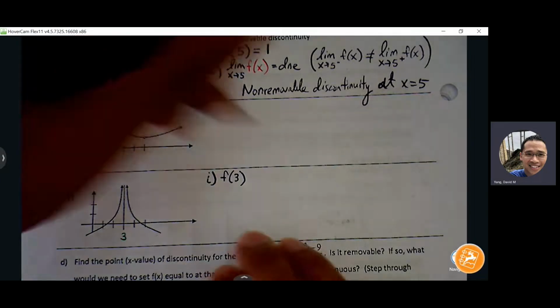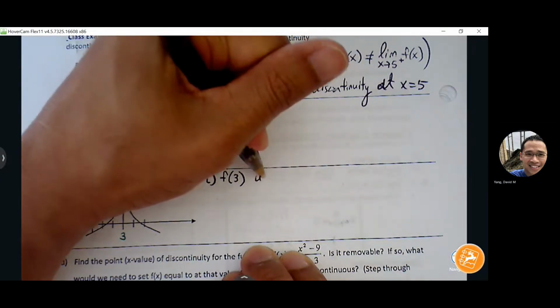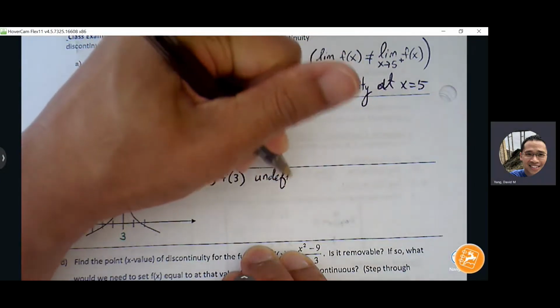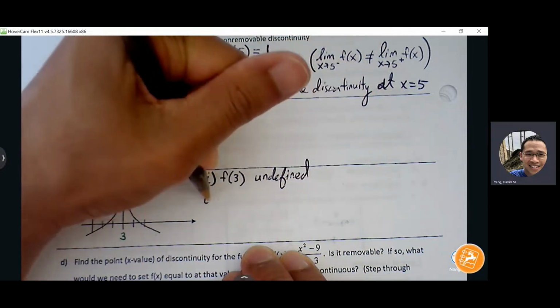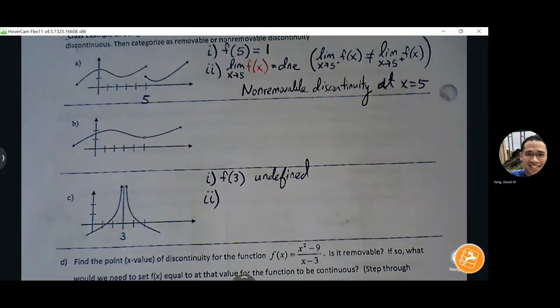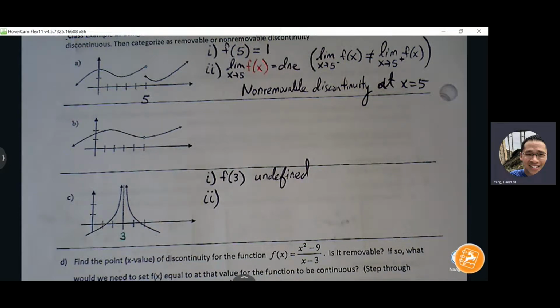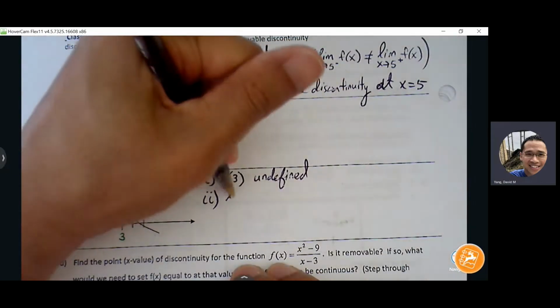What's our conclusion? F of 3, what? Undefined, or does not exist. Either way is fine. Does the limit exist? No. Okay, there's a subcategory, but technically that falls under does not exist, right? So we say limit does not exist.